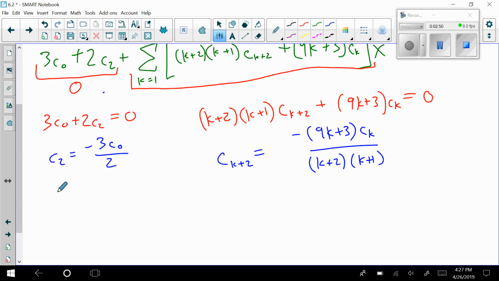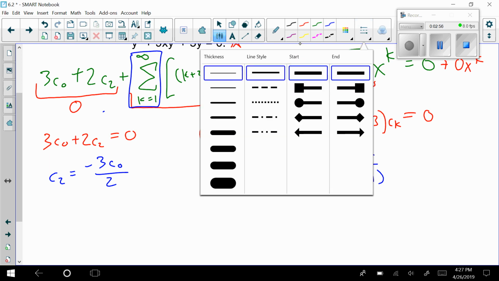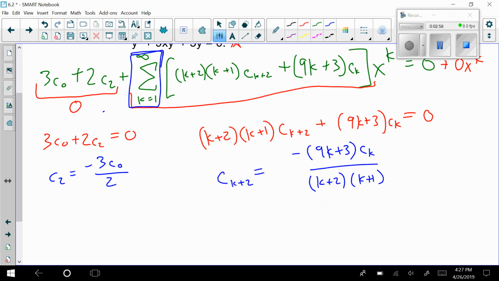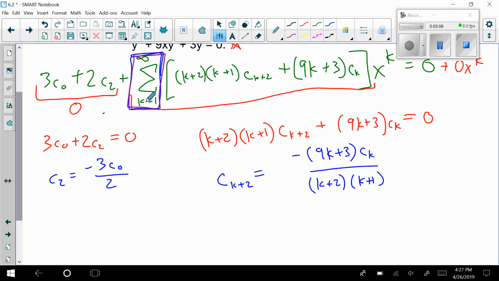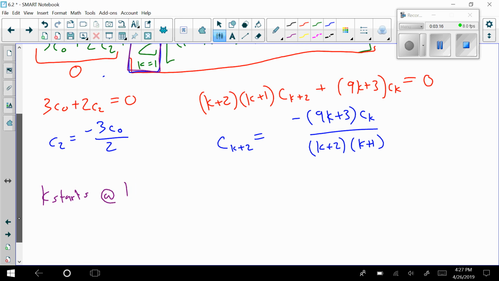Now we get back into this summation, and we notice that k starts at 1.